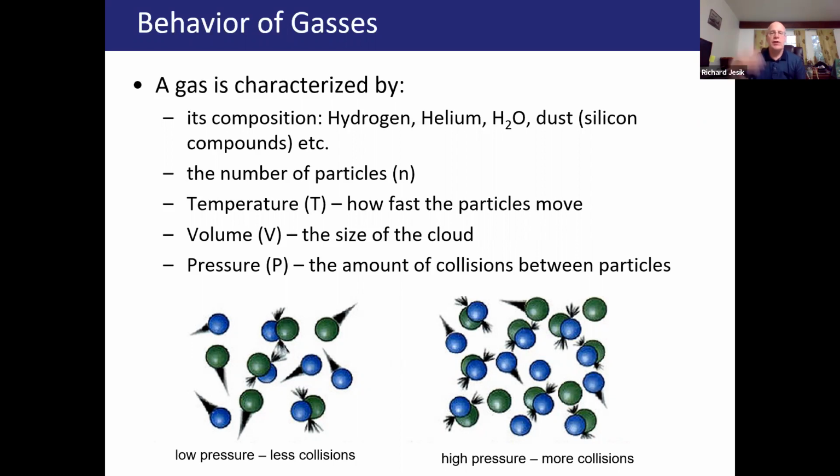Its temperature is another characteristic. You know what temperature is, but you may not know what temperature is on a microscopic level, and why that's what's important to us here. Temperature is really a measurement of how fast the particles are moving, and the temperature in a room is really how fast the air molecules in the room are moving.